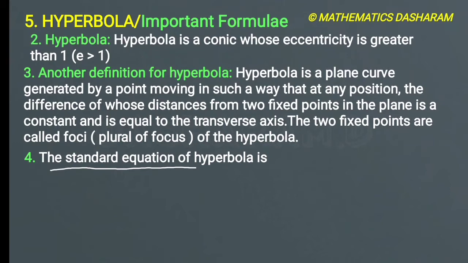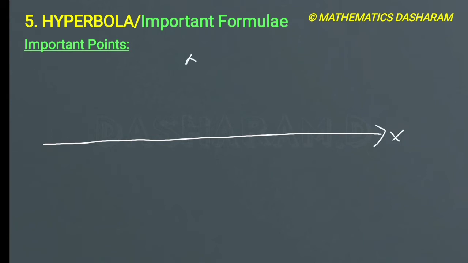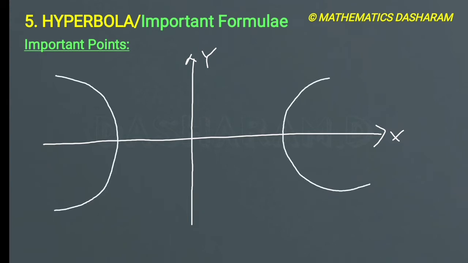Next, the standard equation of a hyperbola is x square divided by a square minus y square divided by b square equals 1. Let us learn some important points. So here is the x-axis and the y-axis, in the hyperbola diagram.